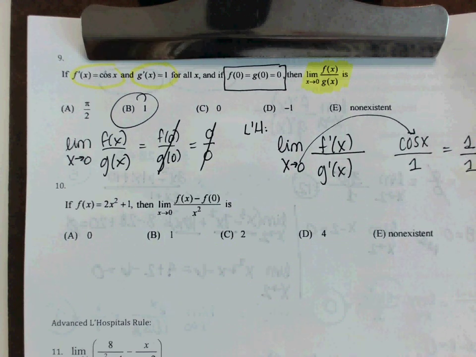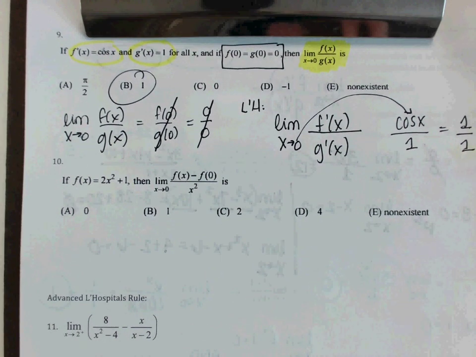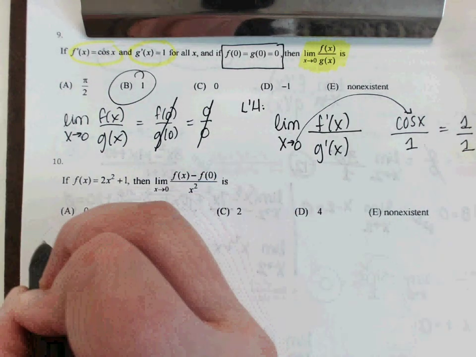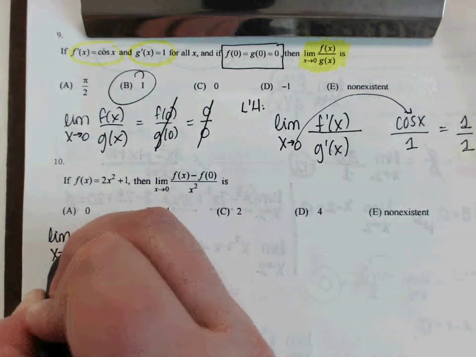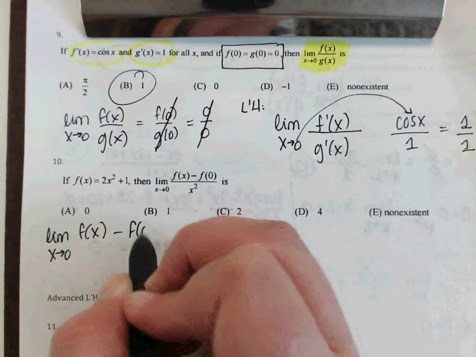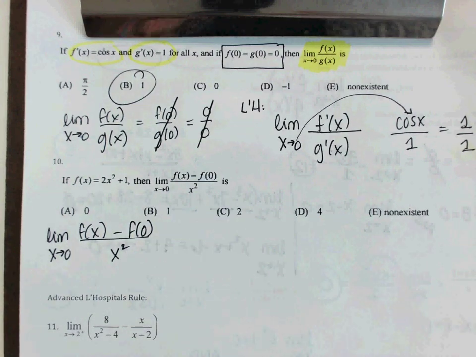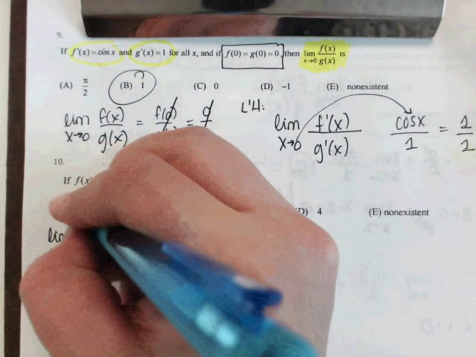Okay, take a look at number 10. f of x equals 2x squared plus 1. Then the limit of f of x minus f of 0 over x squared. First thing I do: x is approaching 0. You don't have to rewrite this, I'm just rewriting it so I can mark on it. I take this 0 and plug it in right there.